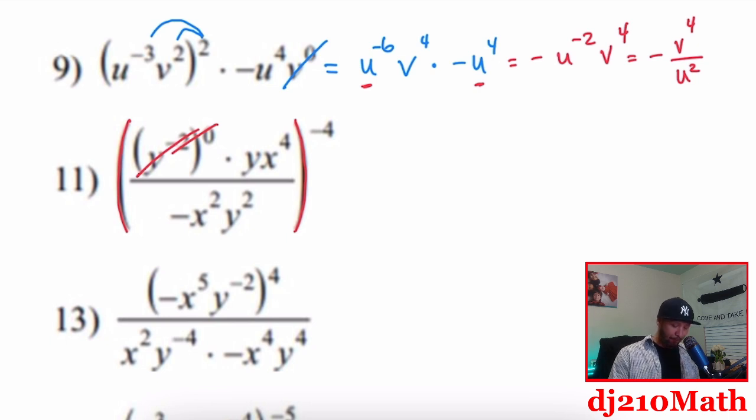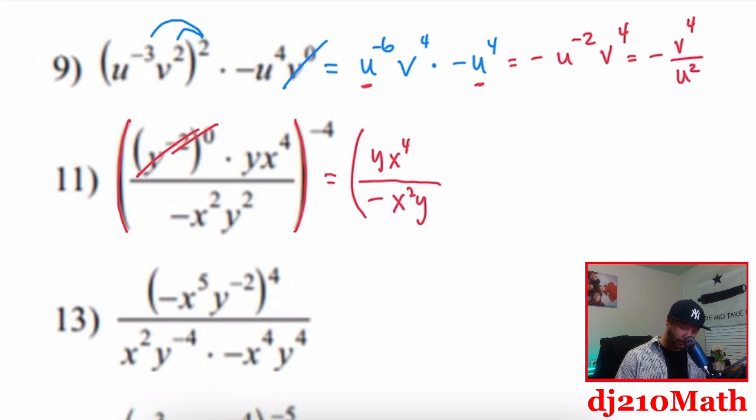Okay, inside the parentheses, we have y, x to the 4th on top, and then over negative x squared, y squared.